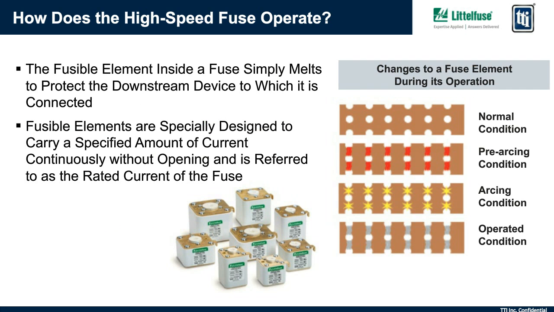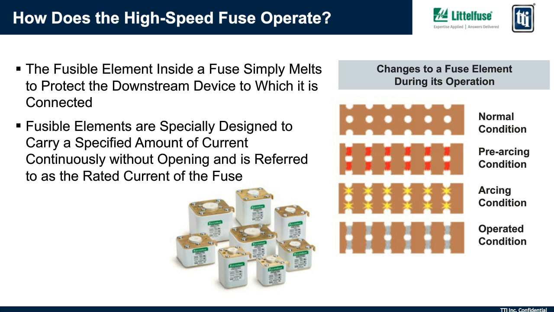So if we're looking at a high-speed fuse and we're seeing how it operates, how does this fuse operate to be able to protect a semiconductor device? Inside the high-speed fuse, there is an element, and that element goes through operating conditions or stages when that fuse is enacted and designed to react.